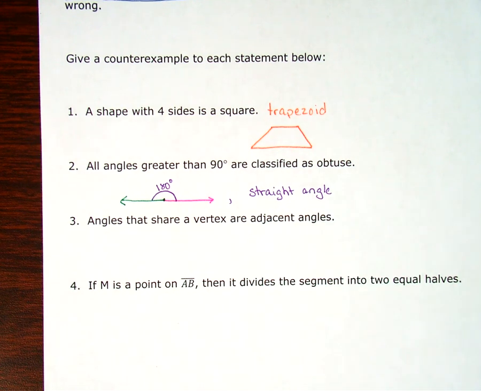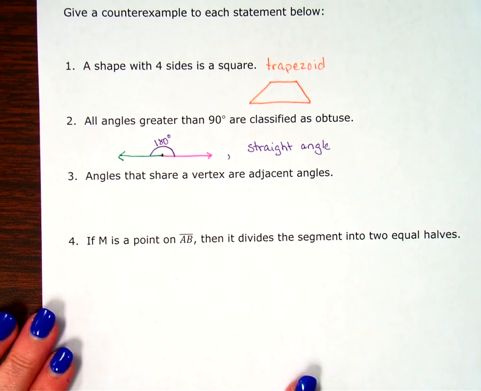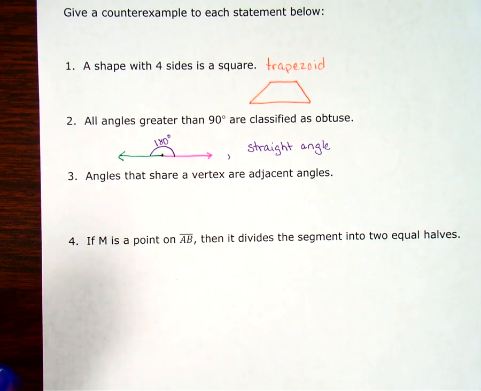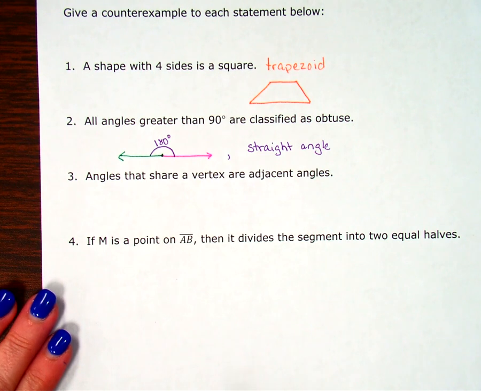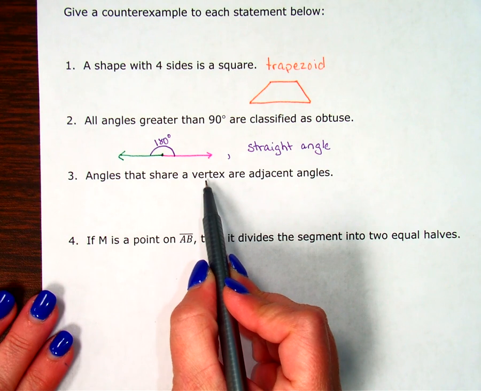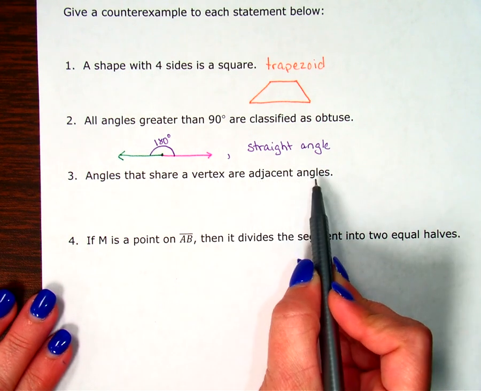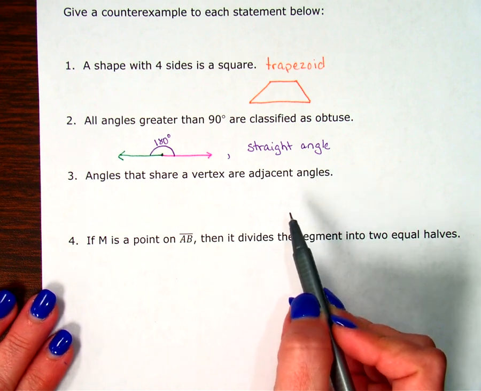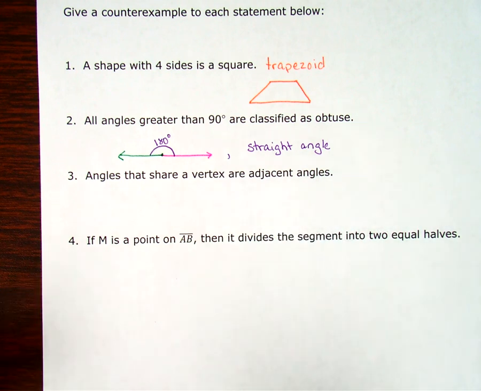Okay? Number 3, all angles that share a vertex are adjacent angles. So I'm looking for angles that do share a vertex. The first part is true, but they are not adjacent. I can think of 2 that come to mind. I could think of angles that share a vertex, but there's another angle that comes between them.